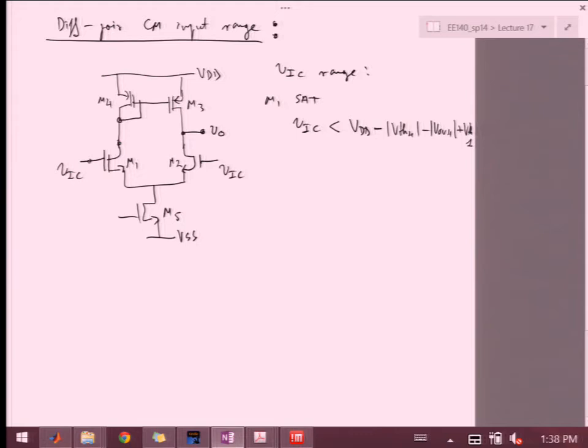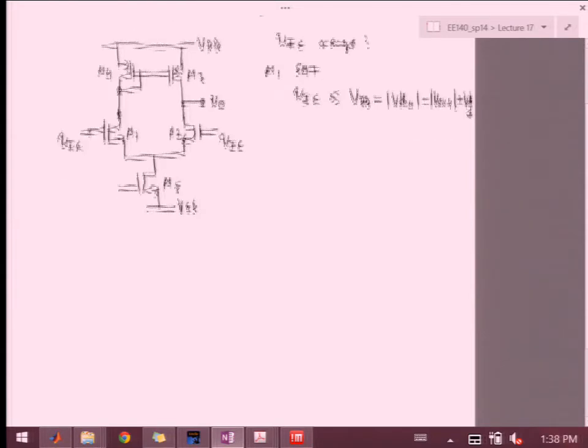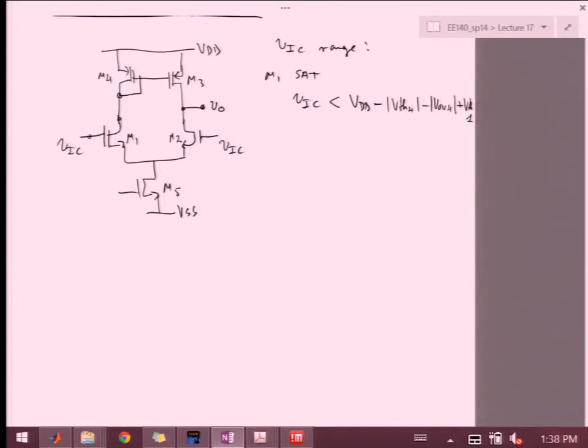But normally, this VGS is a more stringent requirement on the VIC. Okay, so which other transistor is problematic for the input common mode? M5.